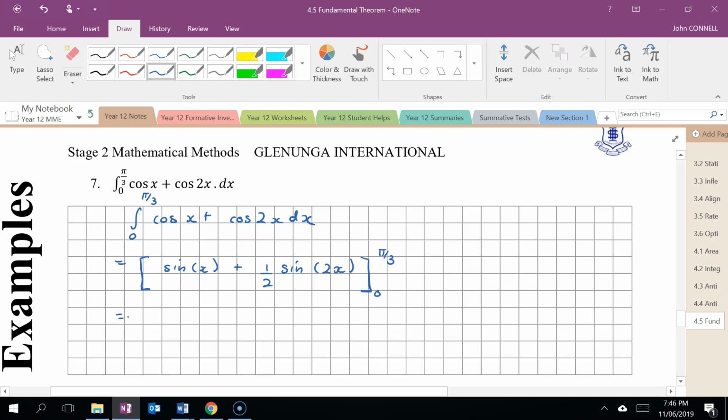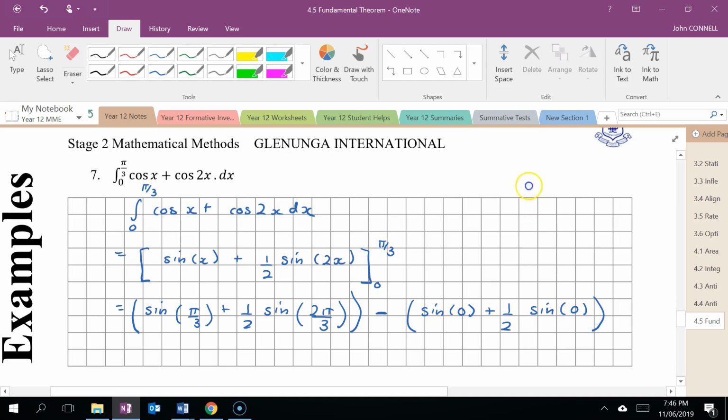Here we're going to need our brackets, so a nice big open bracket is going to give us sine pi on 3 plus a half sine 2 pi on 3. Close off that bracket and then put a subtract, and it's going to be sine 0 plus a half sine of 0. 2 times 0 is just 0.